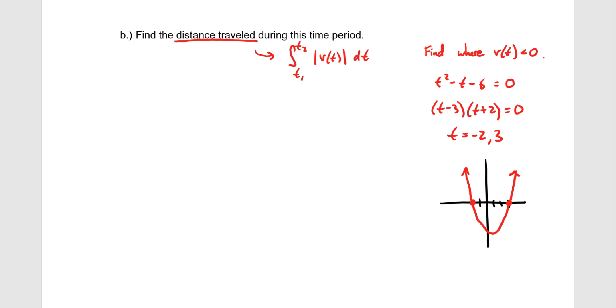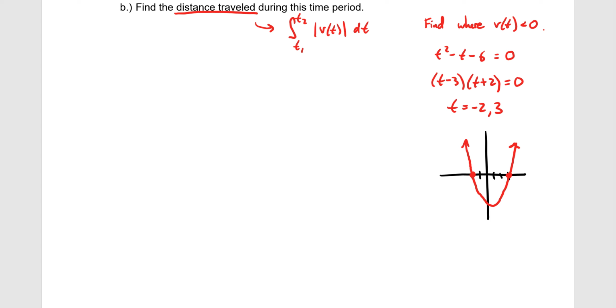So now we can see exactly where the function's positive and negative. We are only interested in the interval from 1 to 4 though, right? We're only interested in this portion right here from t equals 1 to t equals 4 because that's our interval for this question.